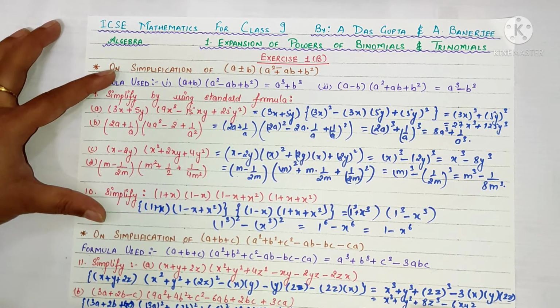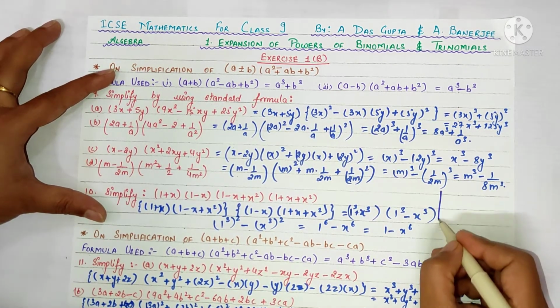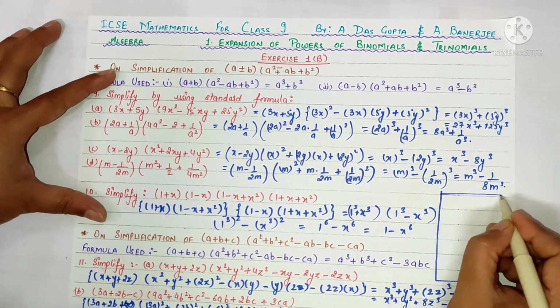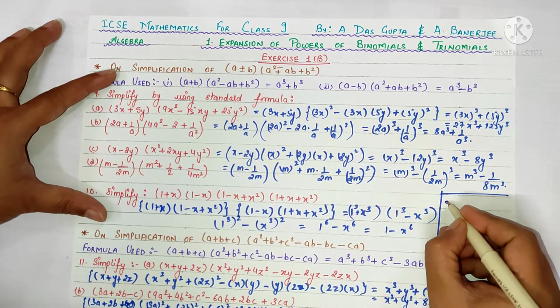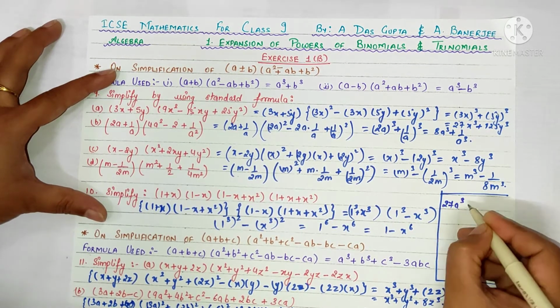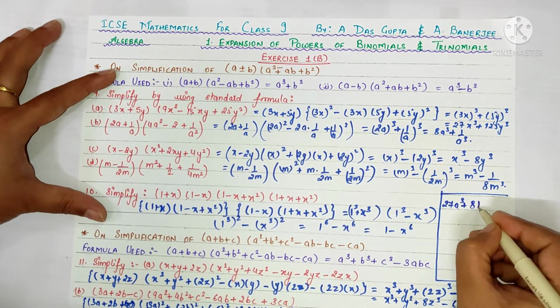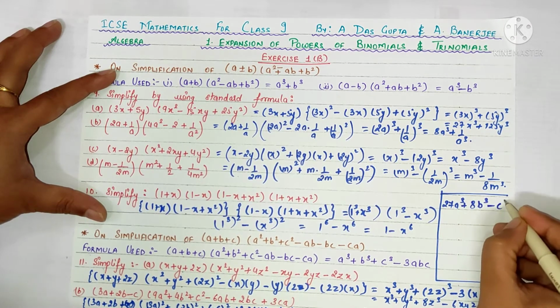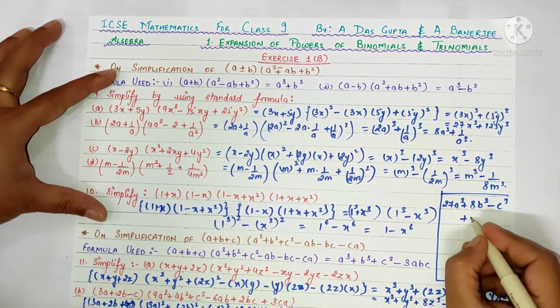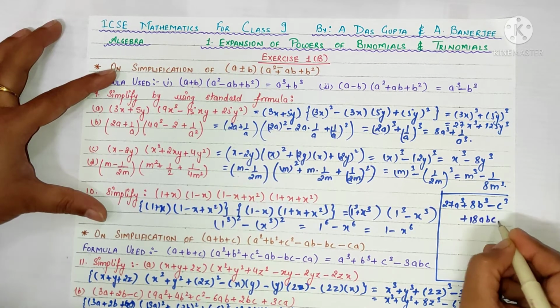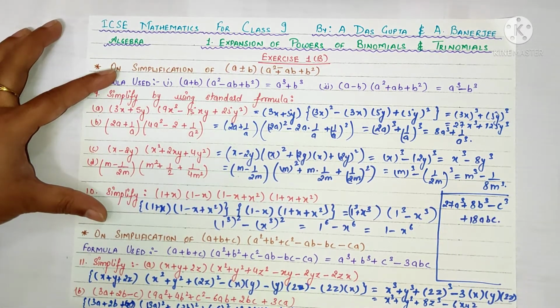So on solving this we'll get 27a cube plus 8b cube minus c cube, 3 3s are 9, 9 2s are 18, and minus minus is going to become plus 18abc. Hence this is the solution.